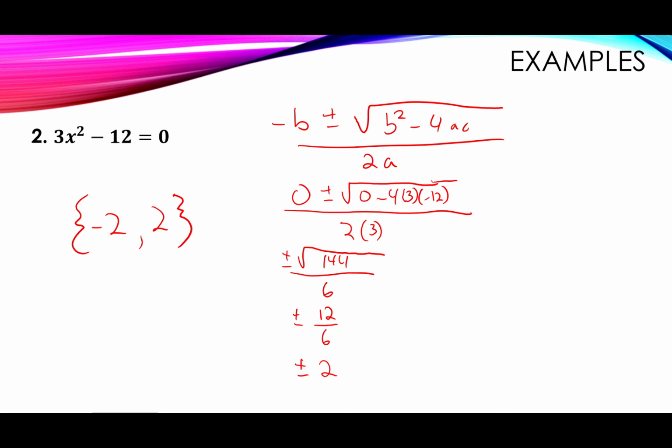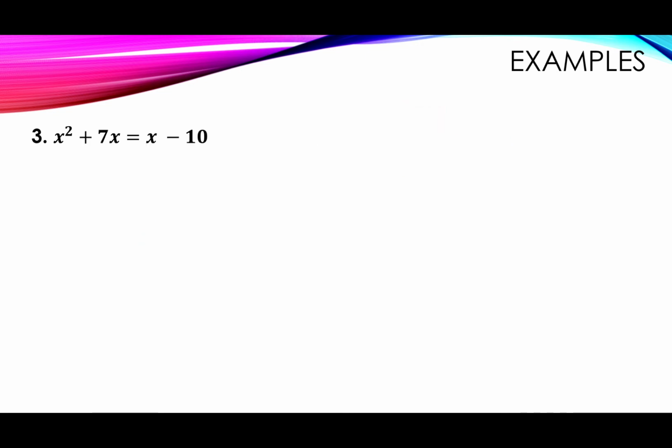Okay, let's do number 3. It's all scrambled up. I need to get everything over to the left side. And so I'm going to subtract x. I'm going to add 10. And again, this is the only time I don't mind you doing two things at once. And that's because our first step is to move everything to the left.